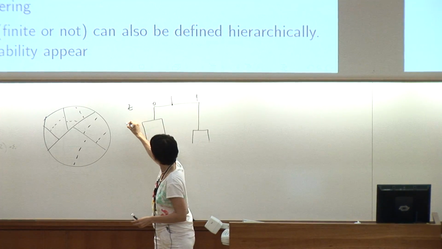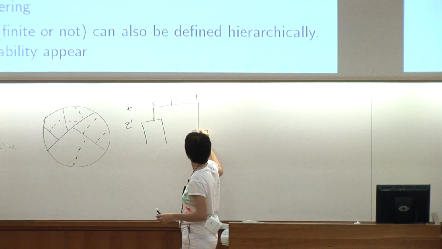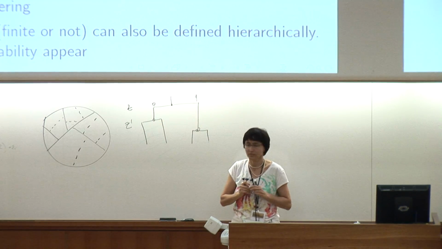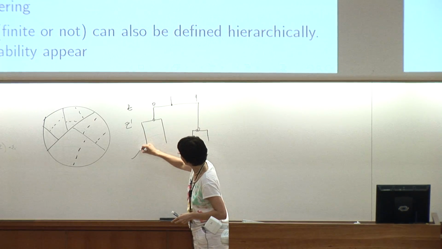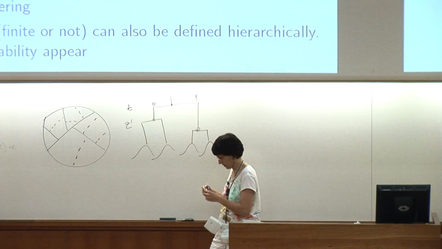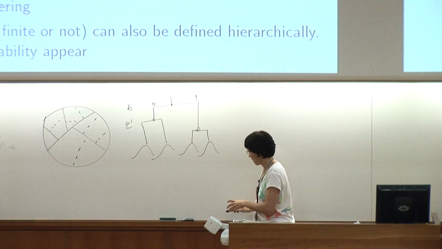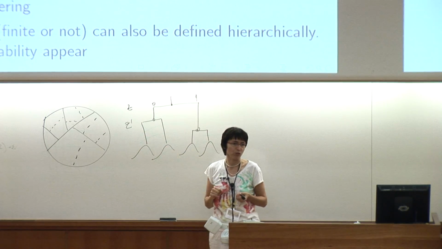And I have a variable z prime that defines the next split, which can also take values 0, 1. And then here I have my little clusters. And I don't observe this, and I don't observe this, so I have to put distributions over them.